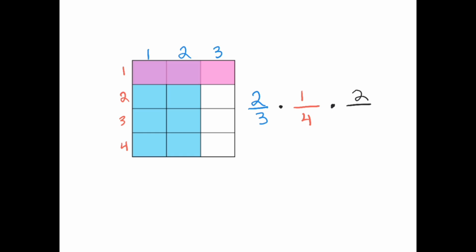So our total is 12. This can be simplified. We would have to divide by 2, divide by 2. So our new answer would be 1/6. So the multiplication sentence that matches this model is 2/3 times 1/4 equals 1/6.